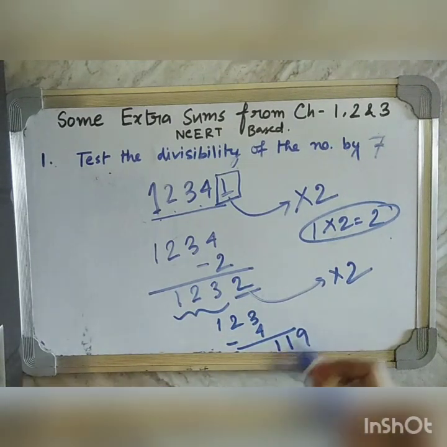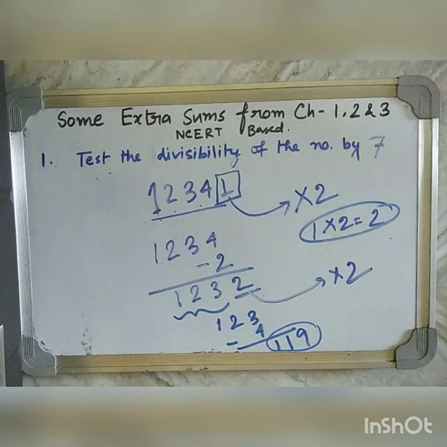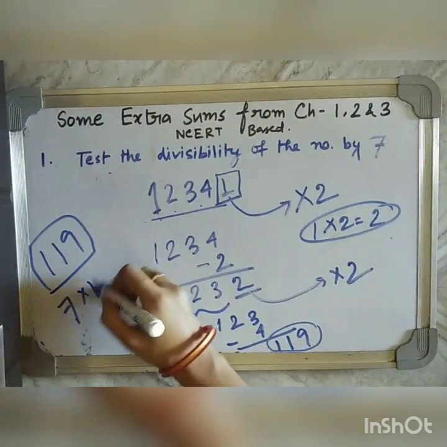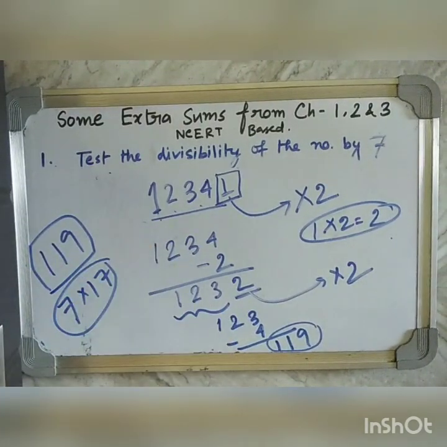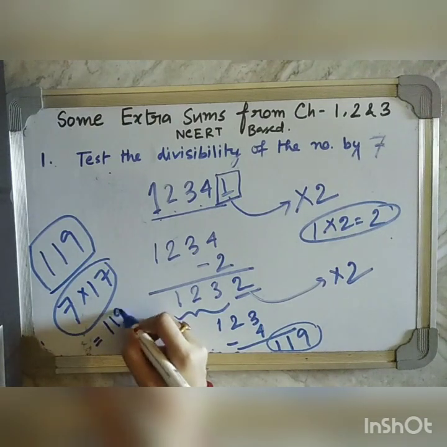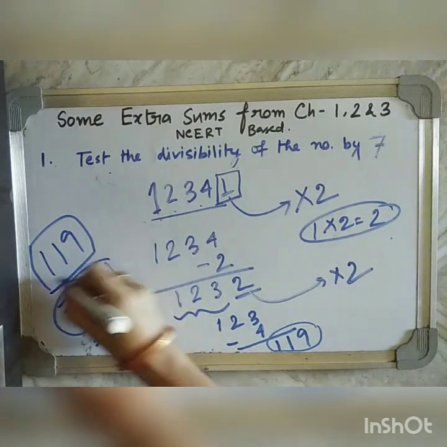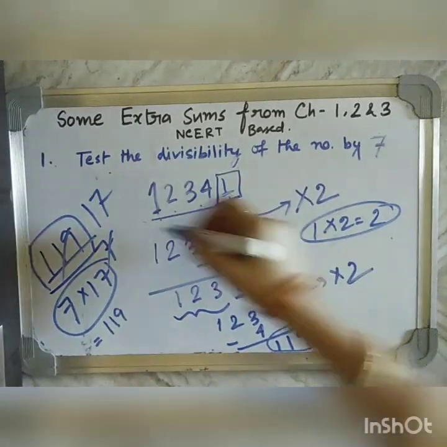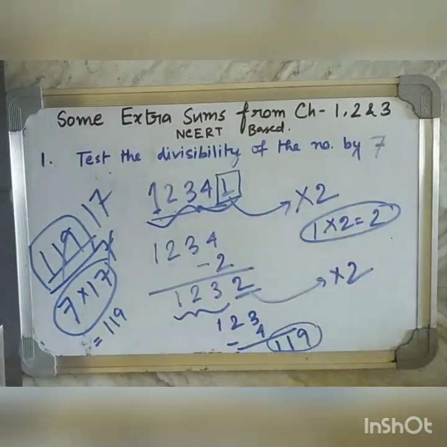Now if possible, either we can check that this number 119 is divisible by 7 or not, or we can again apply the rule. But here I don't think it is needed, because 7 times 17, we are getting the number 119. So after dividing it by 7, we can say that this number is divisible by 7.